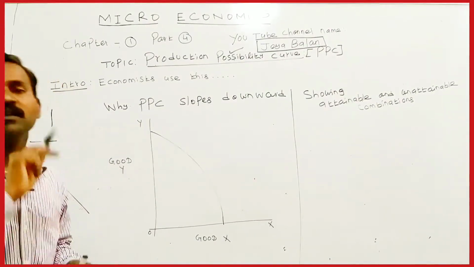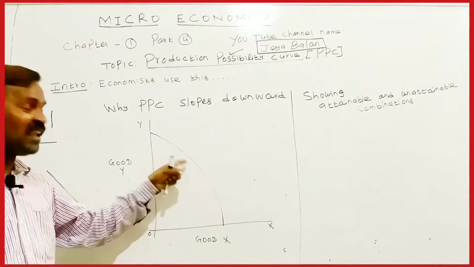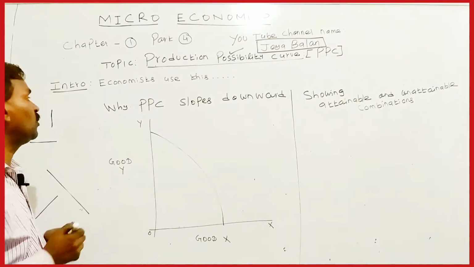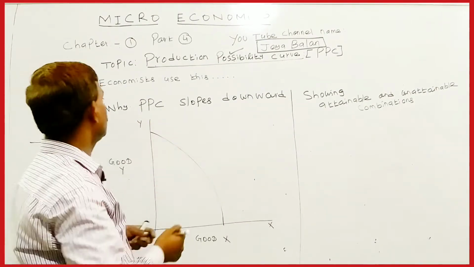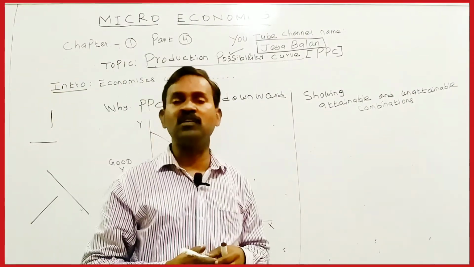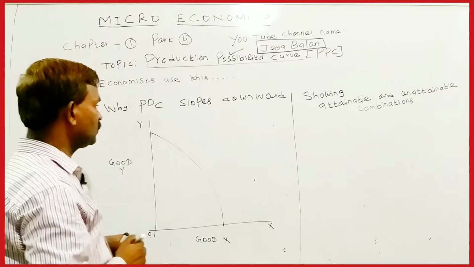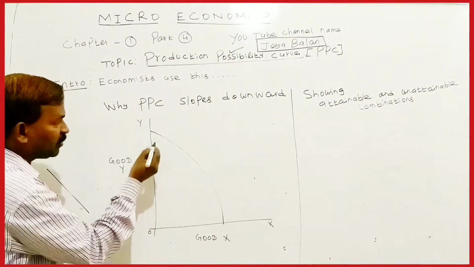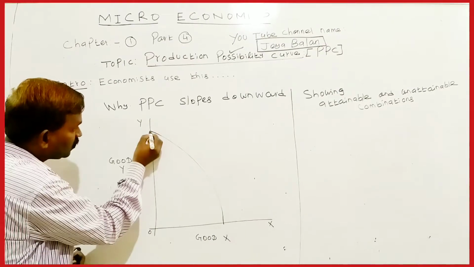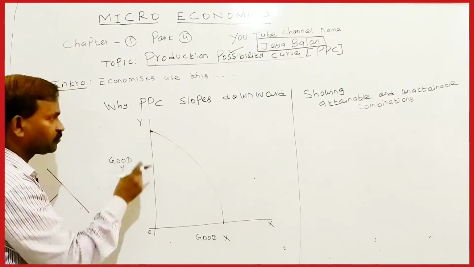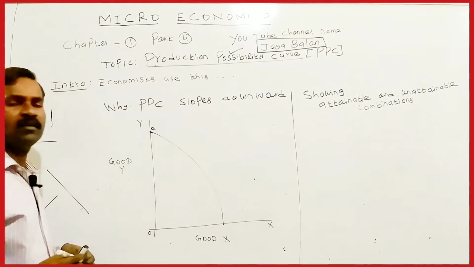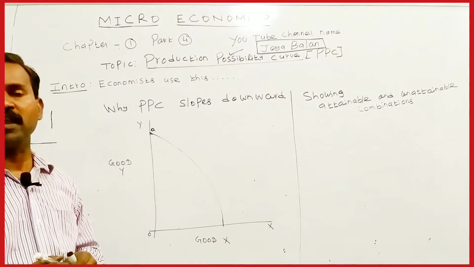So the question is based on commenting on the shape of the production possibility curve. Look at the question now. Why does PPC slope downward? The reason is, as I told you earlier, let me revise with you. Here I have marked one point. Suppose this point I marked as A. What do you understand by this point A?